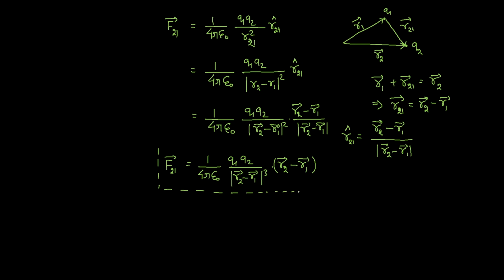Another thing you can see from here that F12 is equal to 1 by 4 pi epsilon naught Q1 Q2 by R12 square into R12 cap, but it is from the concept that R12 cap is negative of R21 cap.